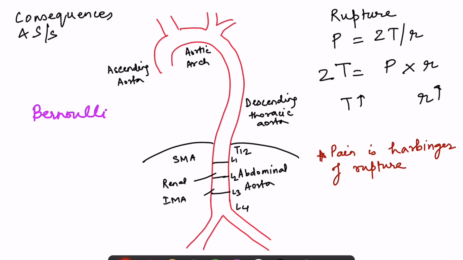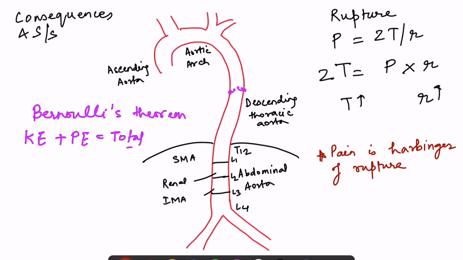Bernoulli's theorem says that the total energy of the moving blood is constant. So we can say that the energy, that is the kinetic energy due to the moving blood, and potential energy, which is basically the pressure which is being exerted on the vessel wall, if we keep it constant.